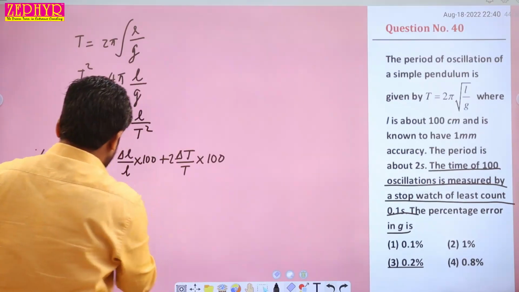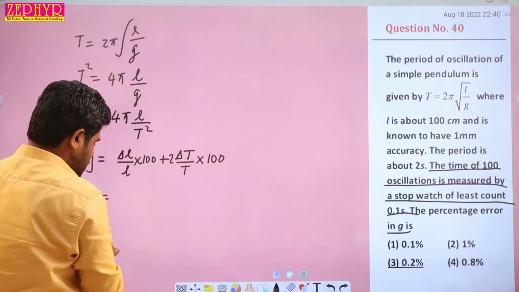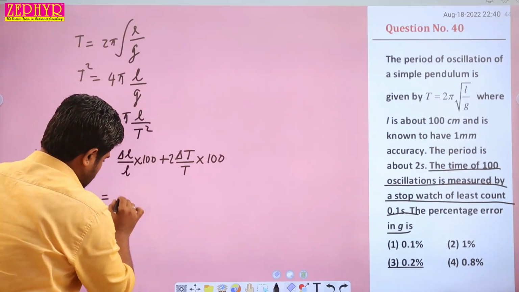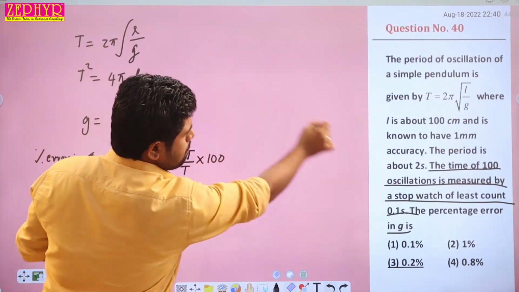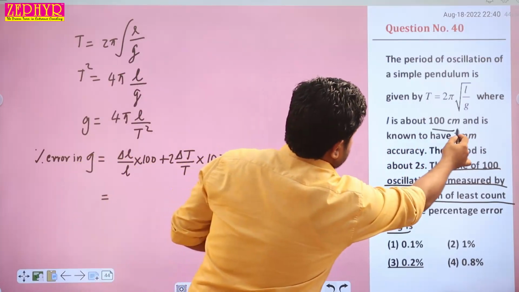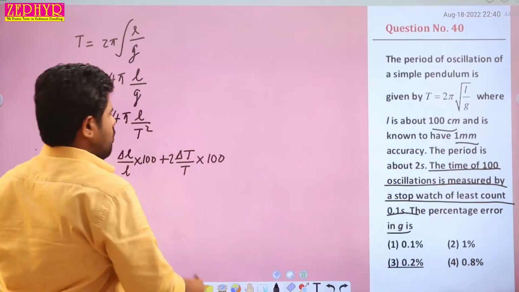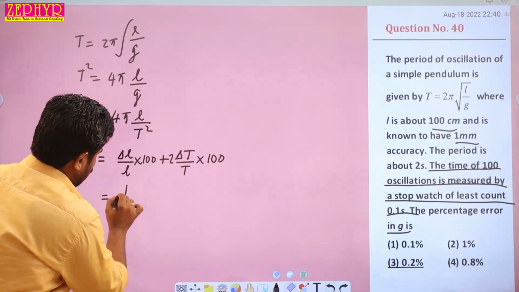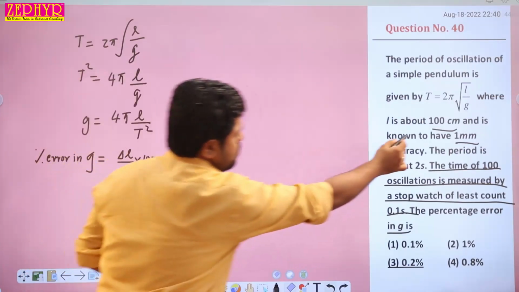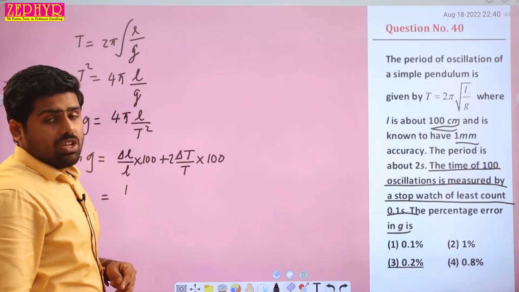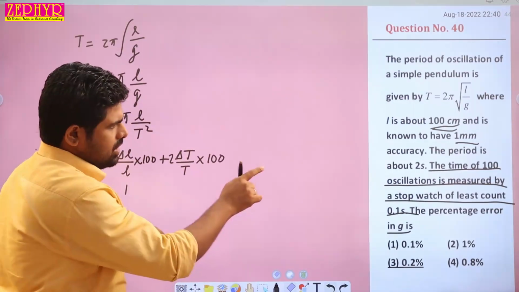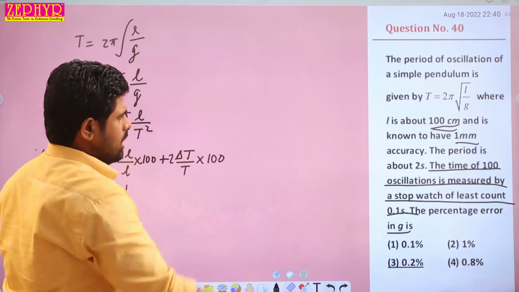So now the equation is delta L divided by L. What is the value here? 100 centimeter, 0.1 mm. So 1 mm means, see, this one is in 100 centimeter and the accuracy value is 1 mm. So I change the 1 mm value to centimeter.